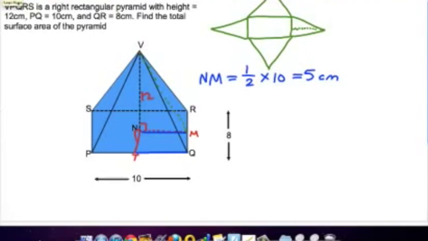So I already found that N to M is 5 centimeters. So now I have a length of 5 and a length of 12, which means now I need to find that third length, again over here in green. That's going to get me the height of this triangle.